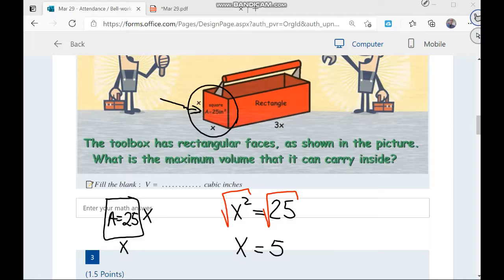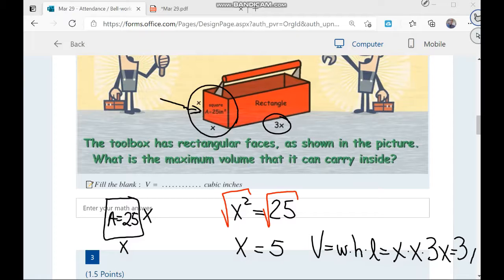Now calculate the volume. The volume is width times height times length. What's the width? X. The height, x as well. And the length, 3x. This equals 3x cubed, right?